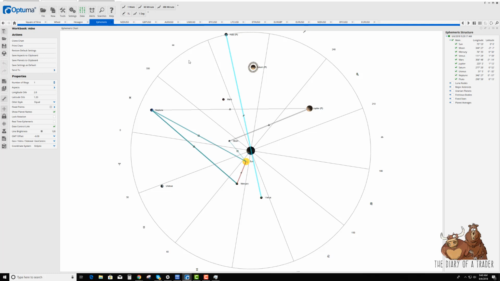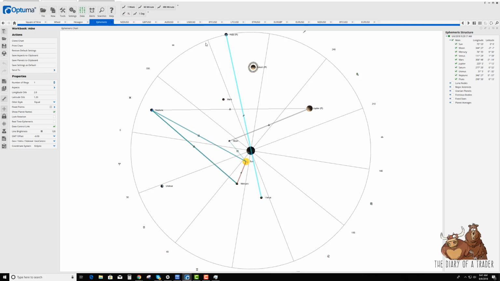And all we're looking for are conditions to be met that the planets are of some type of degree and aspect to one another. So right now, if I were to mouse over here, the Sun and Neptune are squared. So they're about 90 degrees from each other. And Neptune and Mercury are squared.